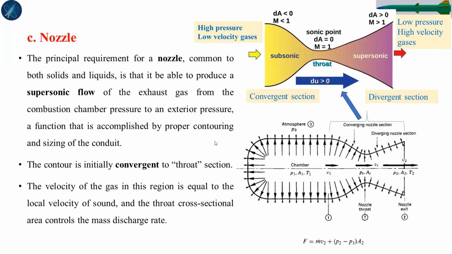The contour is initially convergent, so this is the convergent region to a throat, then it reaches the narrow section known as the throat, and then it is divergent here. Okay?